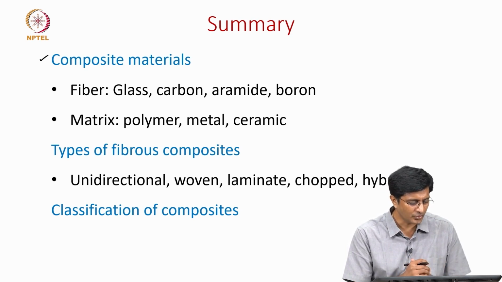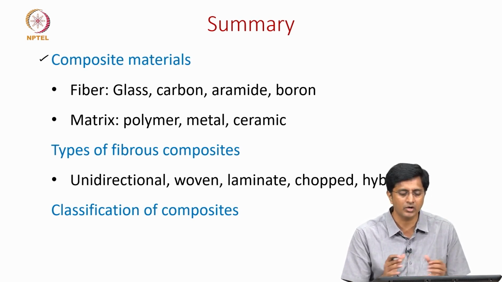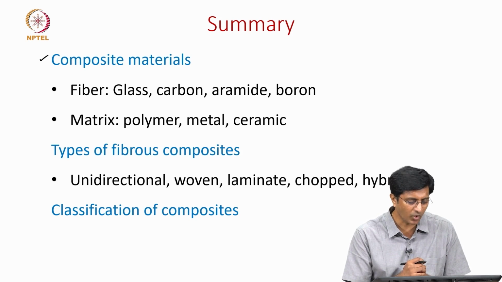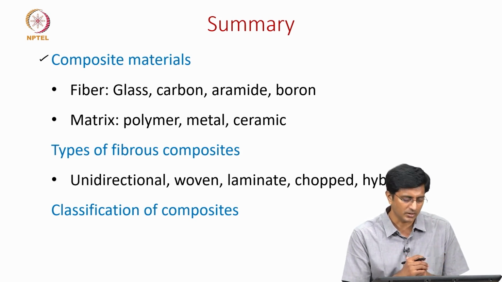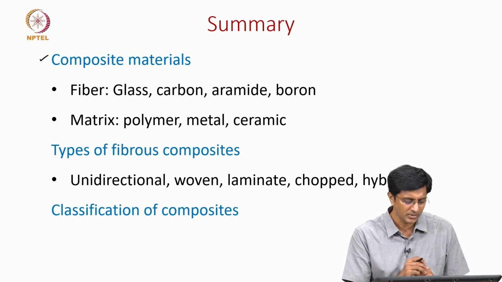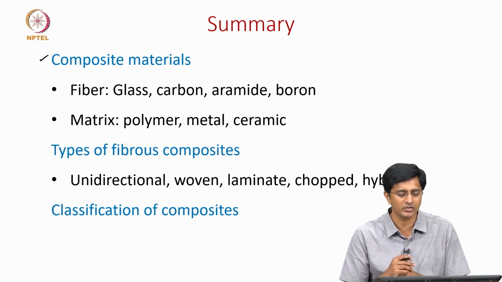Moving to the matrix materials, we again have plenty of options, starting with polymers, which can be used at relatively low operating temperatures. If we are going for higher operating temperatures, we can move into low weight metals such as aluminum, titanium and magnesium. And if the temperatures are much higher, we can go to ceramics or carbon-carbon composites.